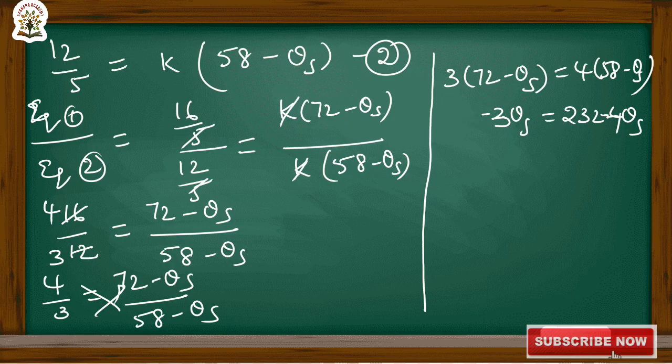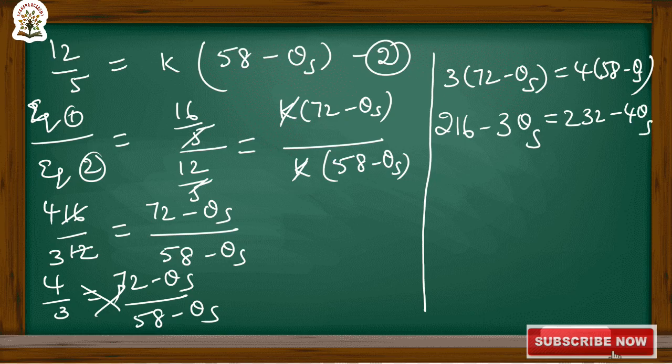232, we'll write again this one. 3 into 72, how much? 216. 216 minus 3 theta s is equals to 4 into 58, 232, minus 4 theta s.